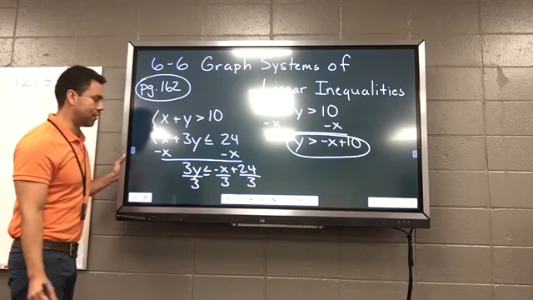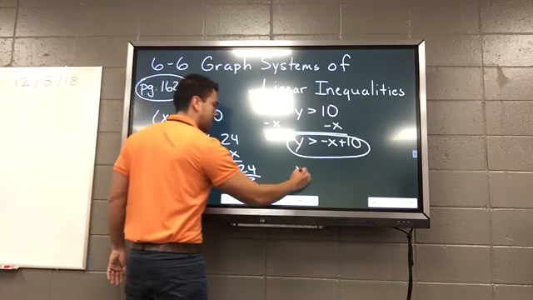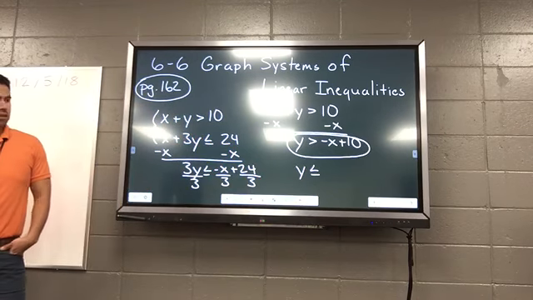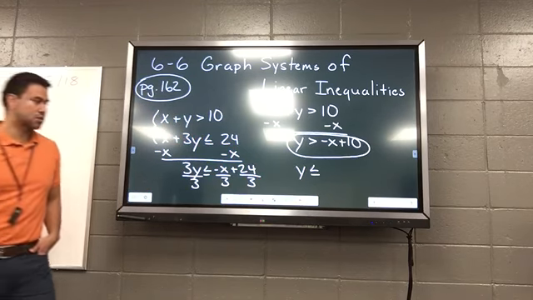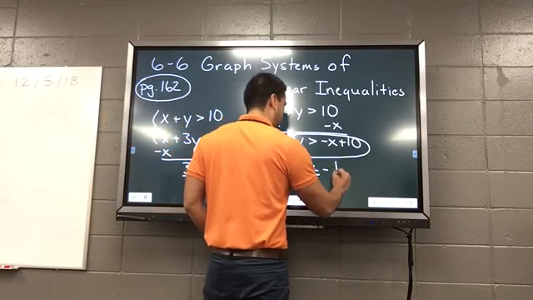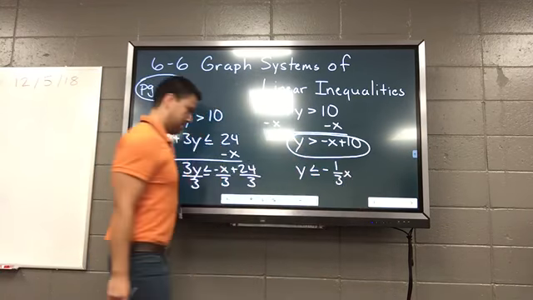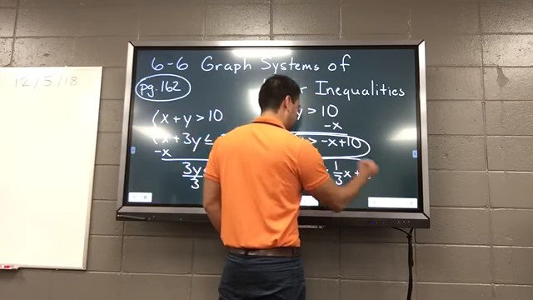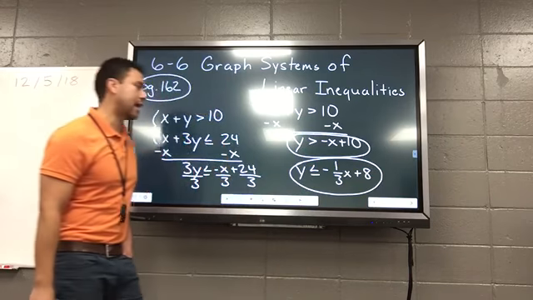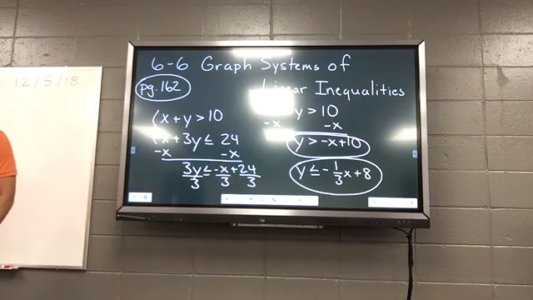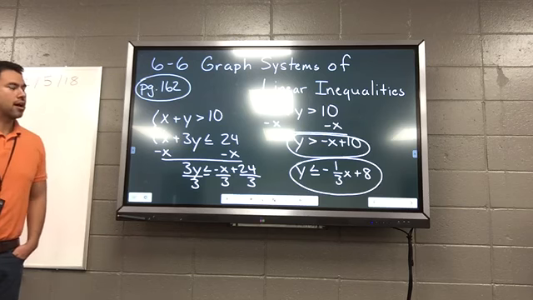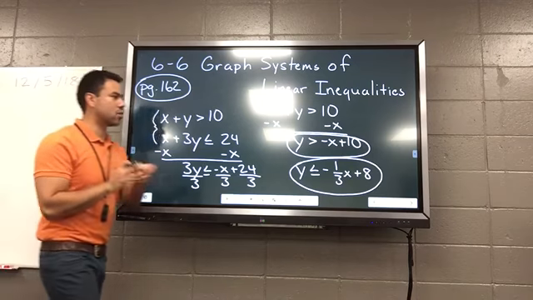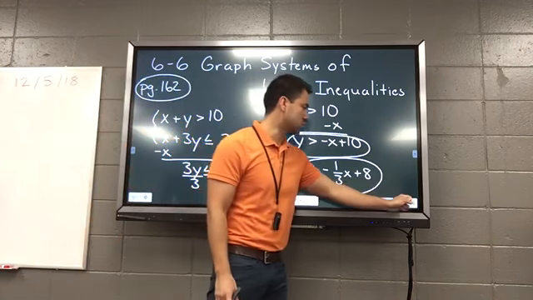And you're going to be left with y is less than or equal to what? Negative 1/3 x plus 8. Those are your two inequalities. Okay, now they're graphable, or I should say easily graphable. Go ahead and create your coordinate plane. And we're going to graph these two and see how we get our solutions from this problem.